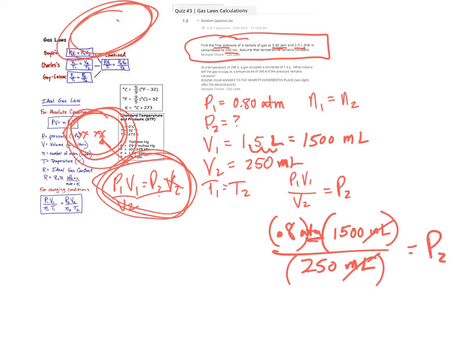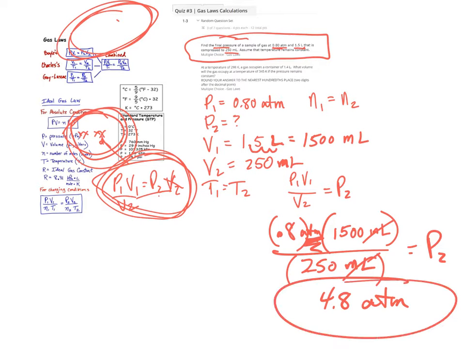Then I'm ready for the calculator. 0.8 times 1500 divided by 250. 4.8 atm. I'm going to keep that unit in my answer. Now, this one's a multiple choice, so they maybe would have rounded it in a different spot. Sometimes they tell us how to express the answer. Let's look at that second question then. This is a whole second question.